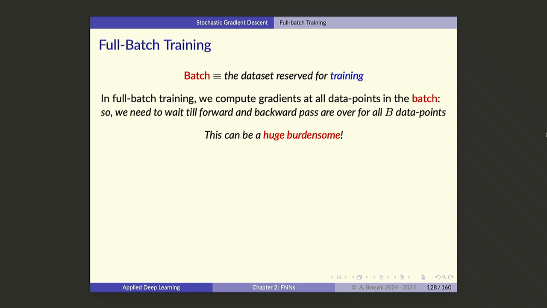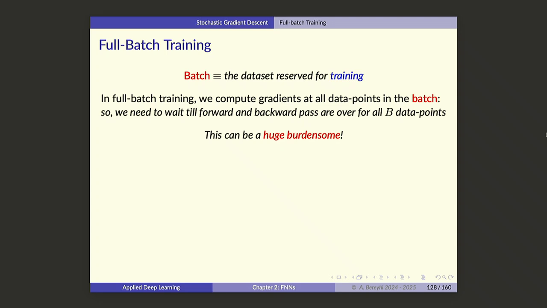Okay? I do know that some of you have background on deep learning, and for you, batch is the small guy which you take from the data set, but that is mini batch here. Okay? So batch is the whole data that you have, the whole training data set. It's fine if you use different terminology, but just don't get confused when I talk about batch. So batch is the whole data that you have reserved for training.